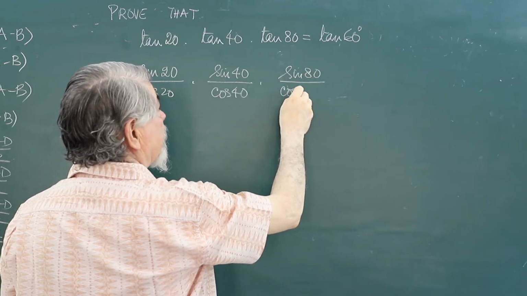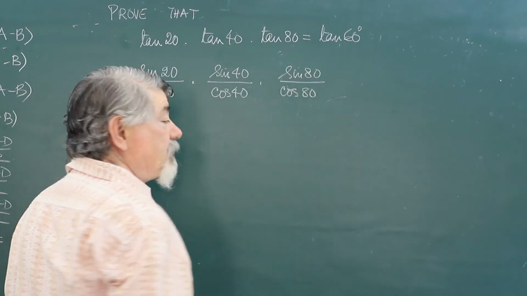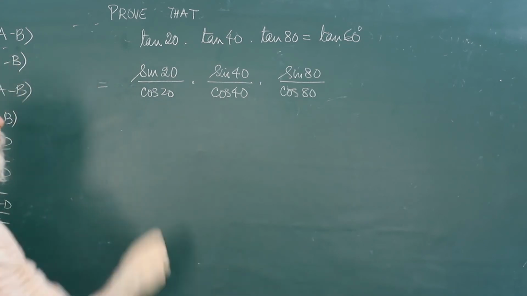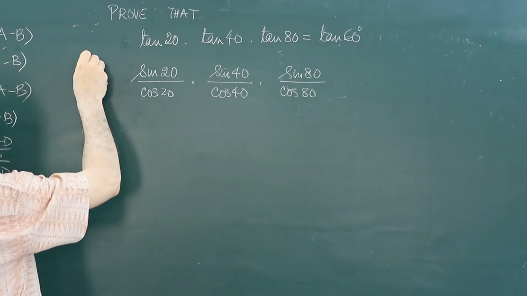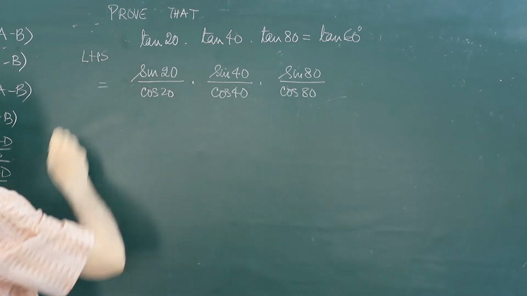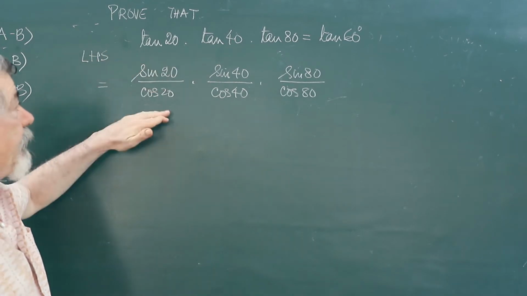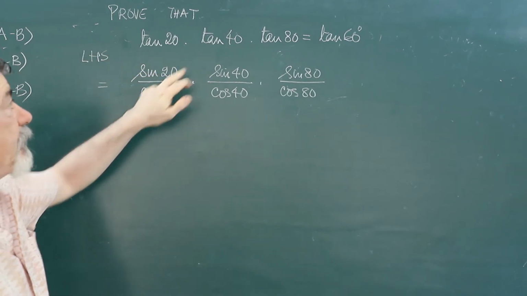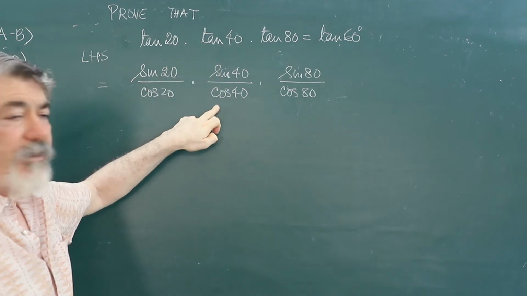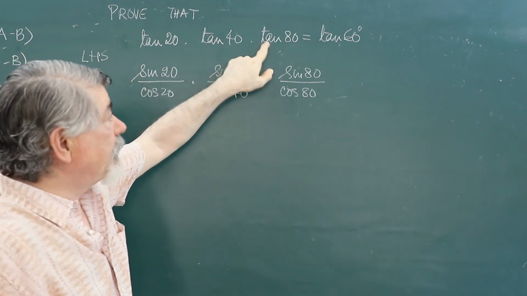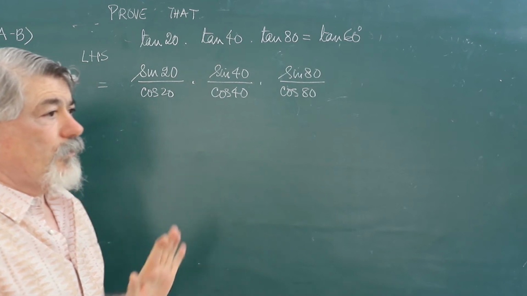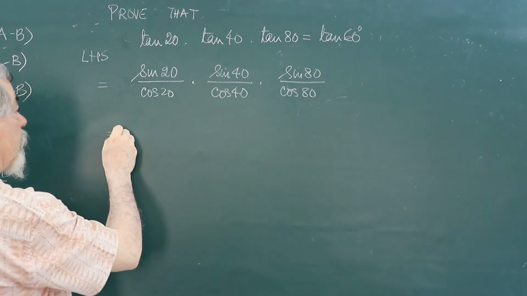So we have converted the tans in terms of sine and cos. We have taken the left hand side and converted tan 20 as sine 20 upon cos 20, tan 40 as sine 40 upon cos 40, tan 80 as sine 80 upon cos 80. Now what will I do?